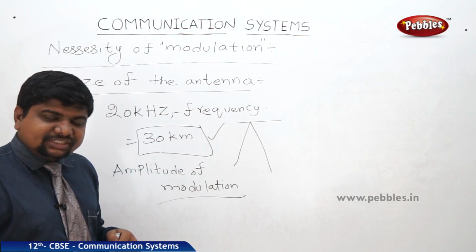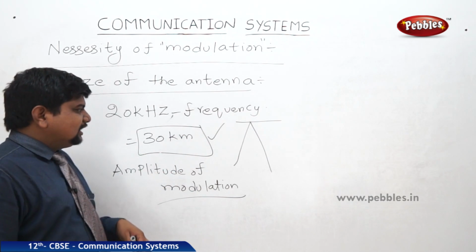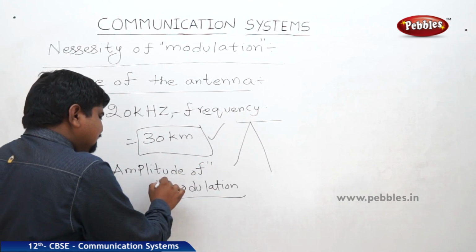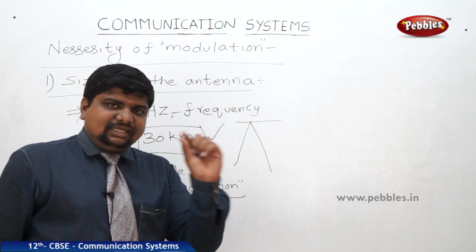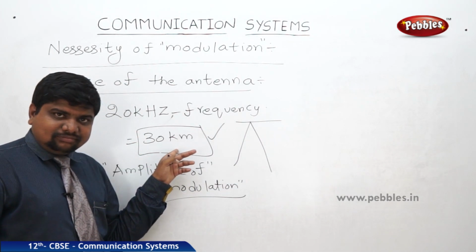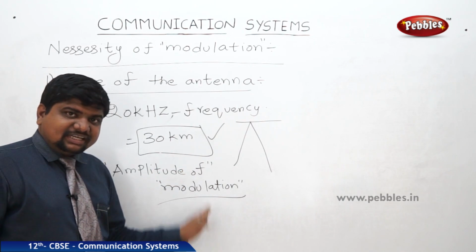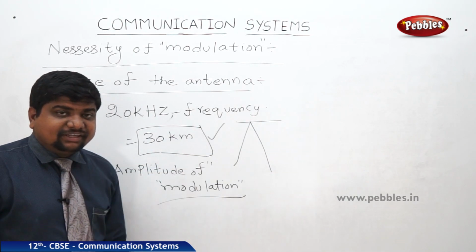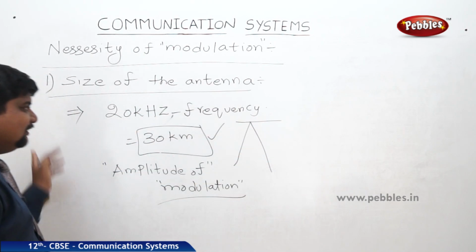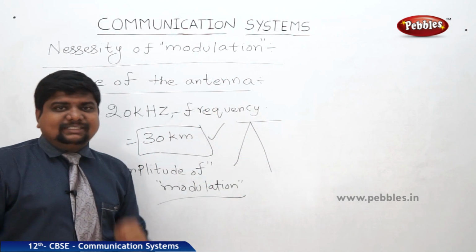And one more thing we can understand with this example is that we need a medium or an object which can transmit the information from lower frequency range to higher frequency range or higher to lower, because of all these difficulties in transmitting the message.